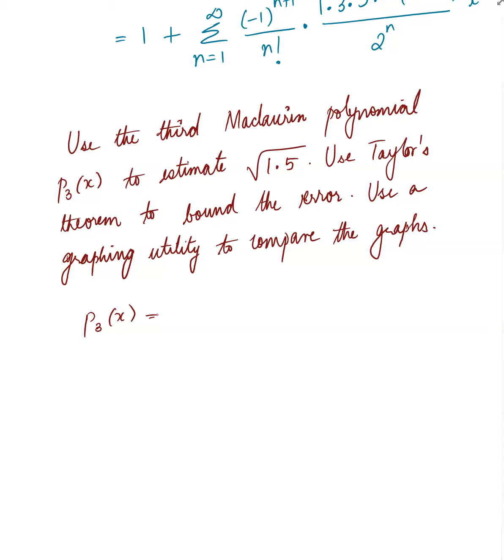P3 of x would be, again, remember that we're trying to use the Maclaurin polynomial, so you want to recall what that is. To know which one we have to use, I just went back to the question and I forgot to mention the most important information. From the result in part A, use the third order Maclaurin series.